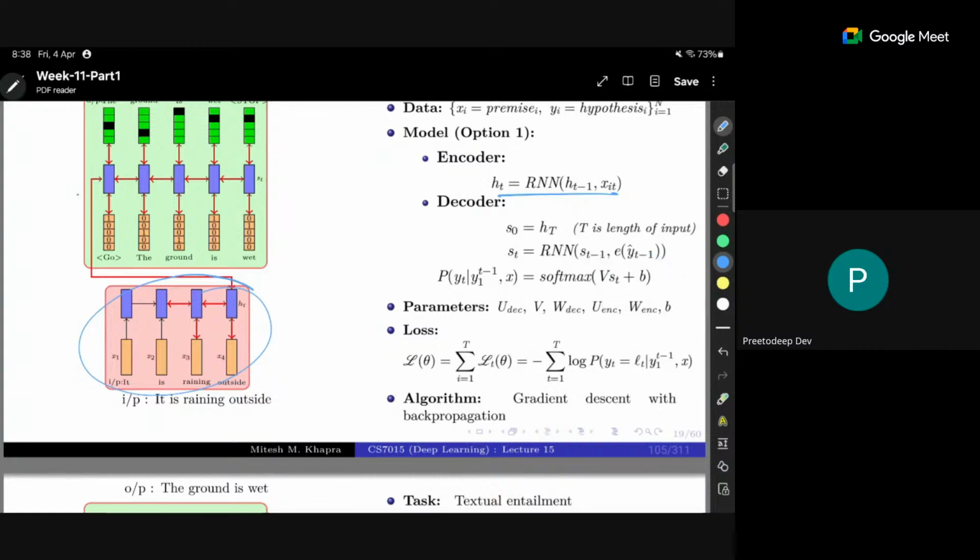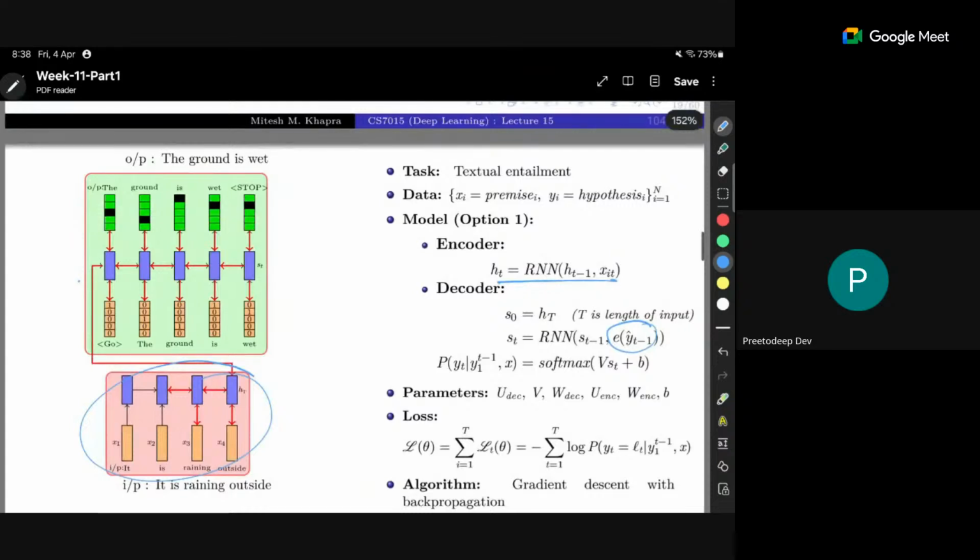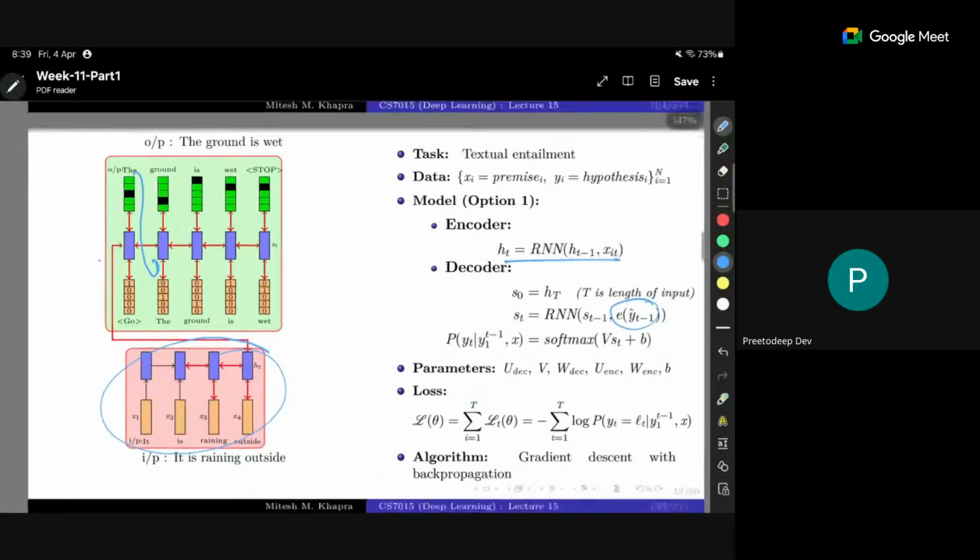But during predictions we don't have that. So during predictions we will not do this. When in the test phase, for the test set, we don't have the output. We don't know what the next word is going to be. So at that time I will have to use the actual predictions, right? So the probability or whatever I get, I'll use that.